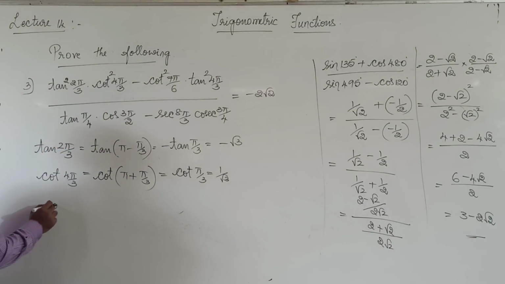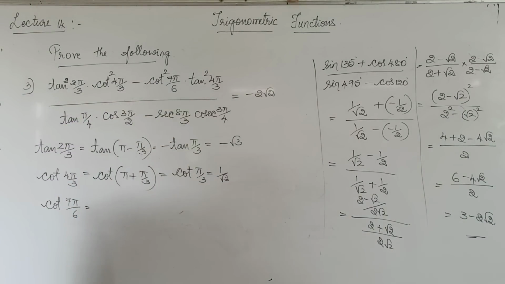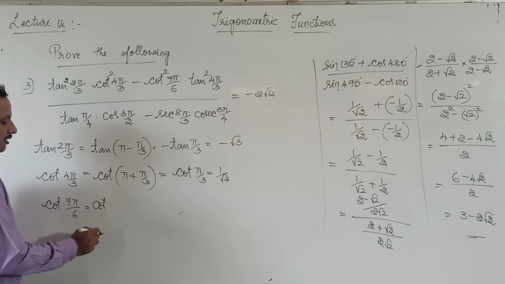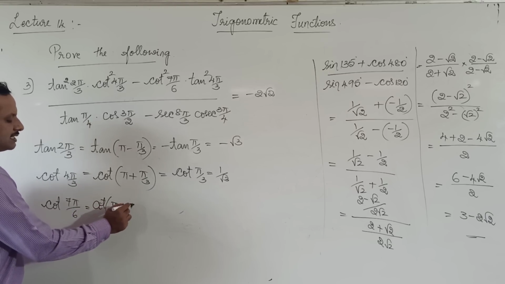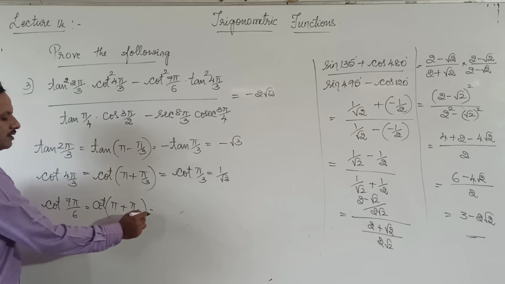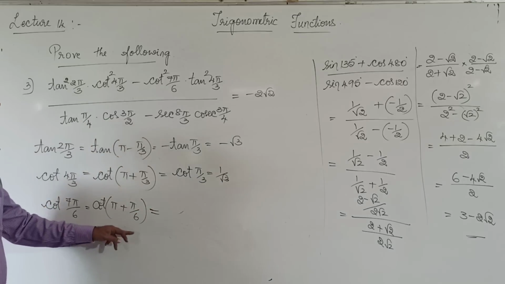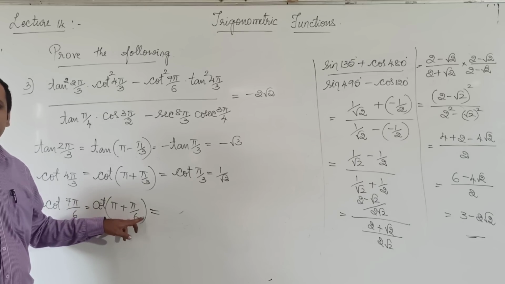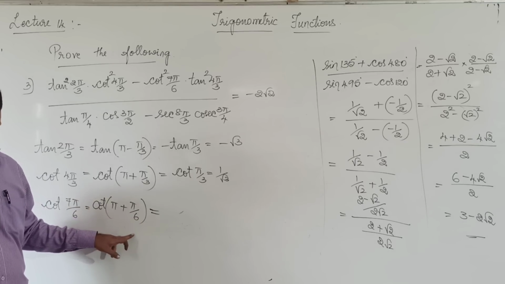Then cot 7 pi by 6 I want. Cot 7 pi by 6 is equal to cot of pi plus pi by 6. Take LCM, 6 is the LCM, 6 pi plus pi will give you 7 pi by 6.